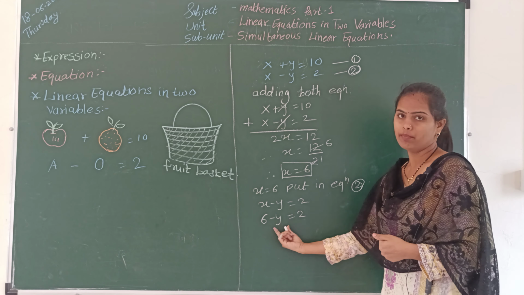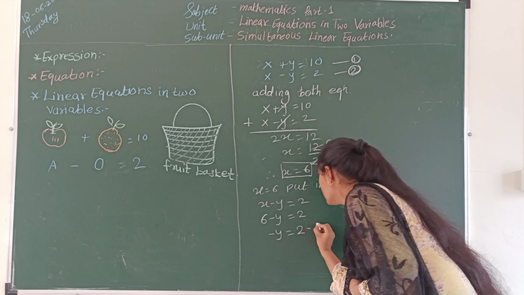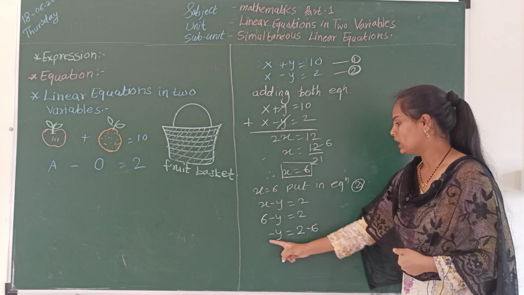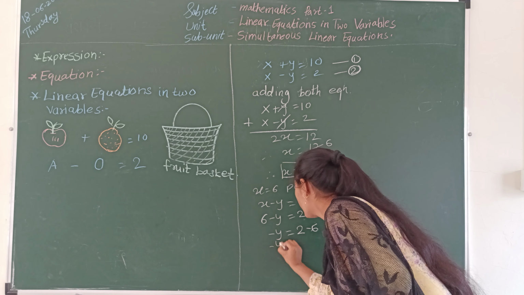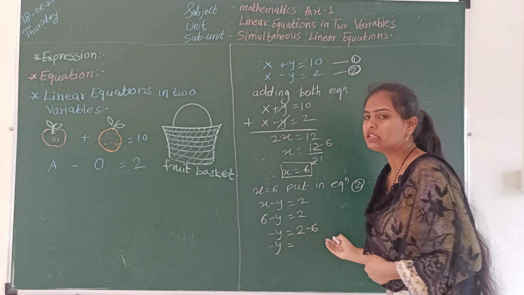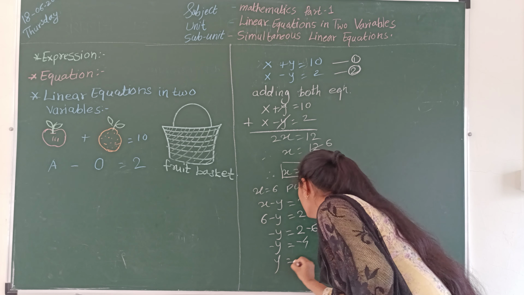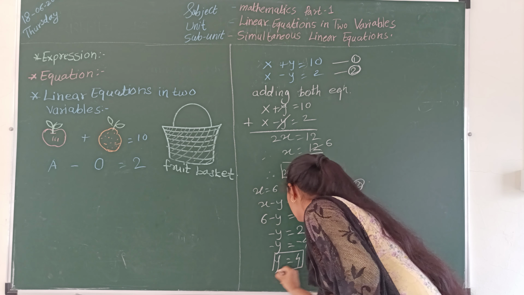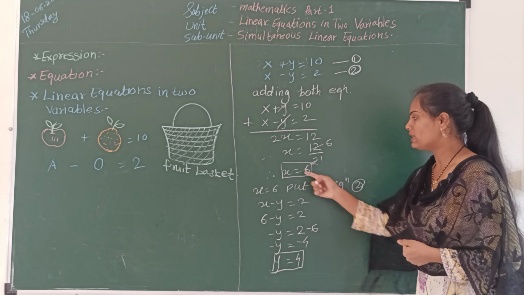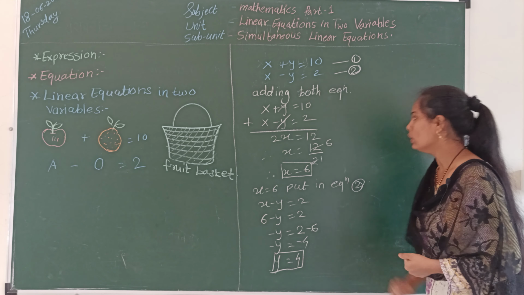Now, minus y is equal to 2 minus 6, right? 2 minus 6 is minus 4, which means y is equal to 4. This is our answer: x is equal to 6 and y is equal to 4.